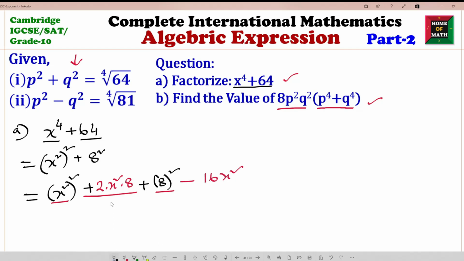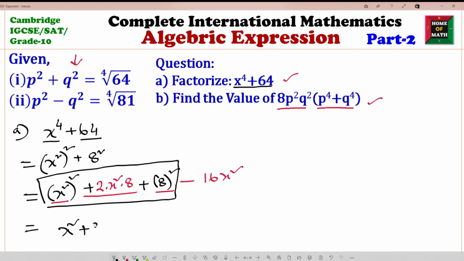Once we cancel this, it becomes the same. So now we can write x square plus 8 whole square, and here is minus 16x square, which we can write as 4x square.